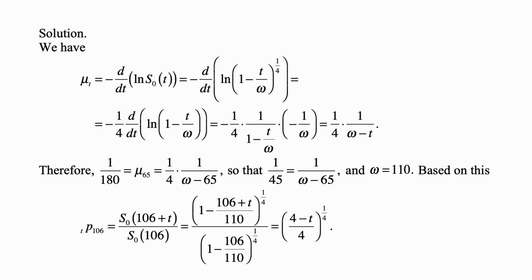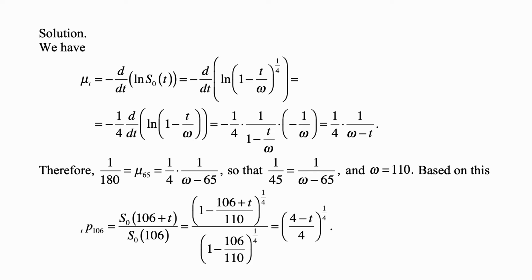And here's a solution. So the force of mortality is minus the derivative with respect to t of the natural logarithm of s of t. And that's equal to minus d over dt of the natural logarithm of (1 minus t over omega) to the power 1/4.